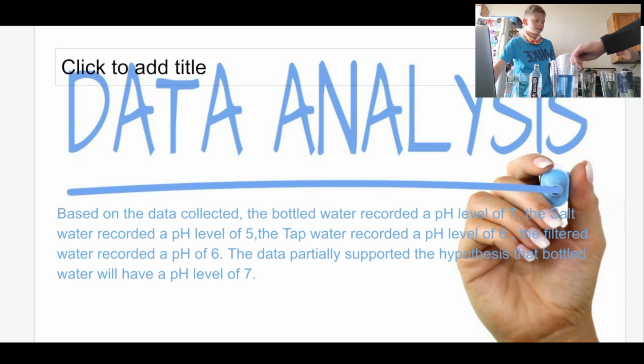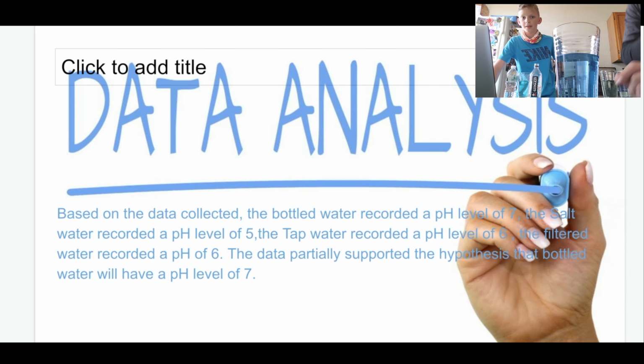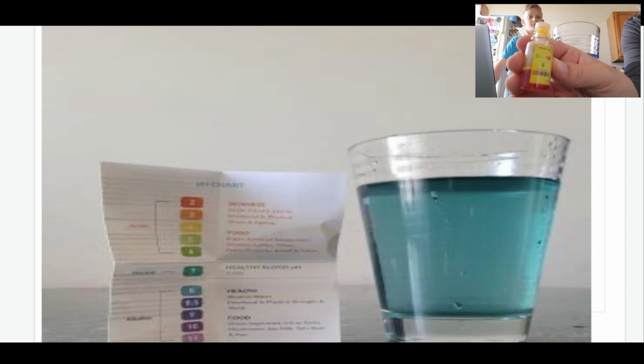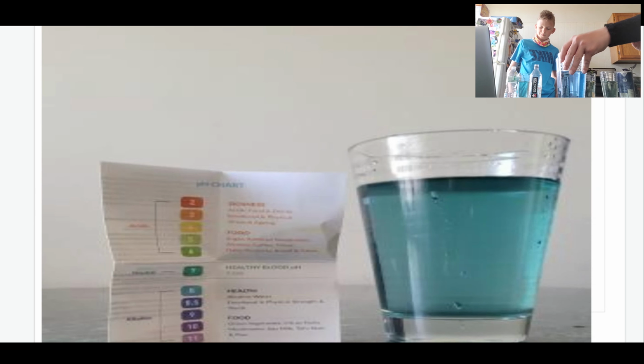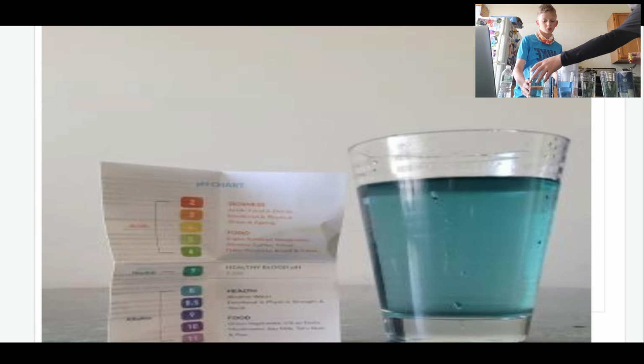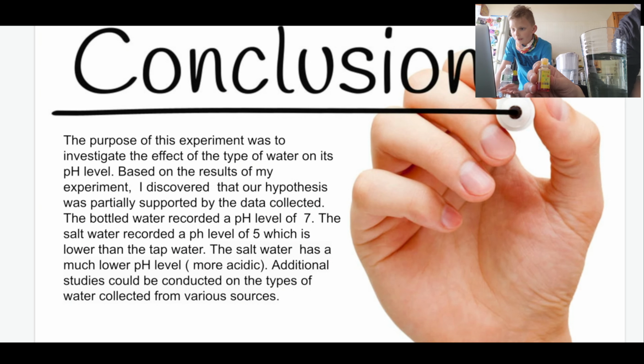Next one, we have the electrolyte-enhanced water, and it's an 8. And for our last and final one, we have the filtered water, which seems to be a 6.